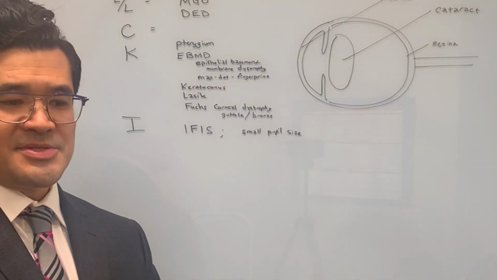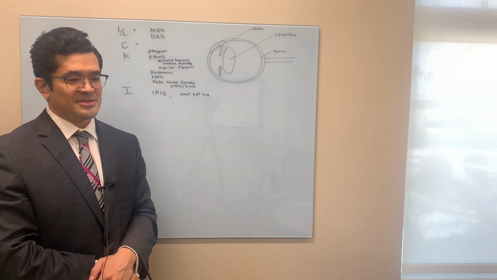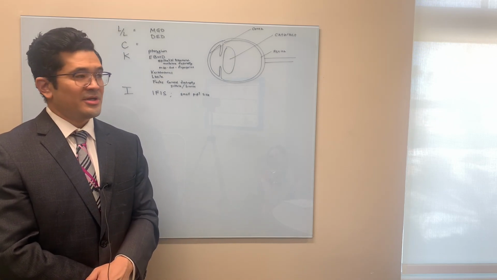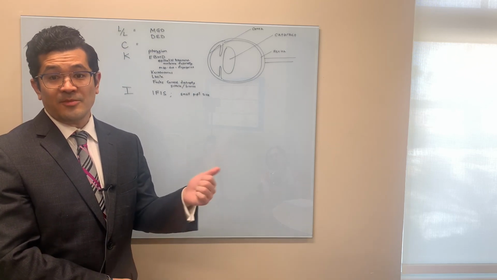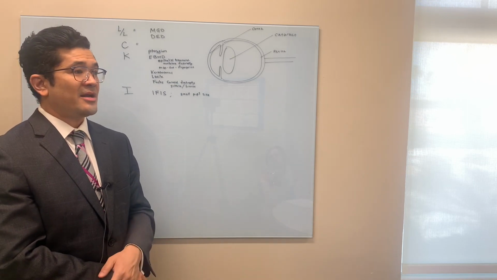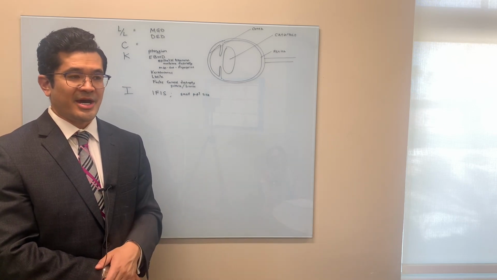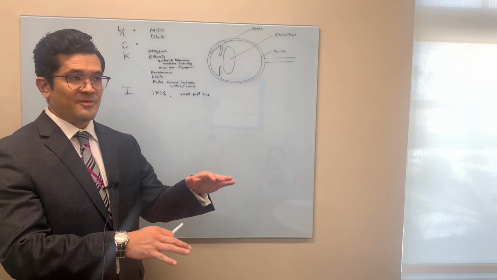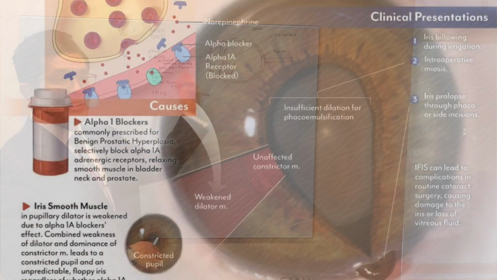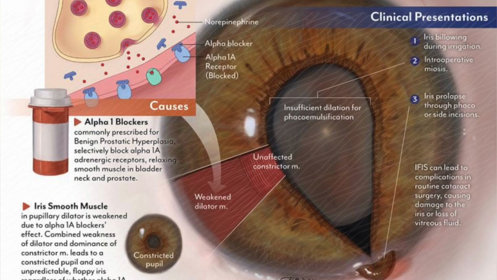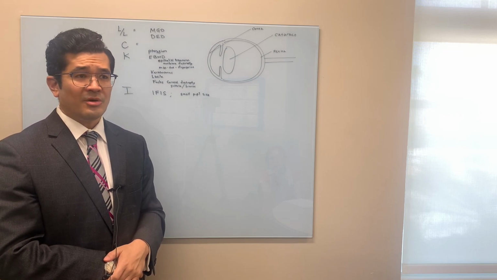Back around 2005, a red alert was sent across the country when we realized as cataract surgeons that patients with a history of Flomax, or tamsulosin, had a high risk for floppy iris. And we were seeing this surgically: the iris during surgery would have a lot of movement, or even become so floppy it would prolapse out of the eye. And this caused iris damage, and made the recovery horrible for the patient.